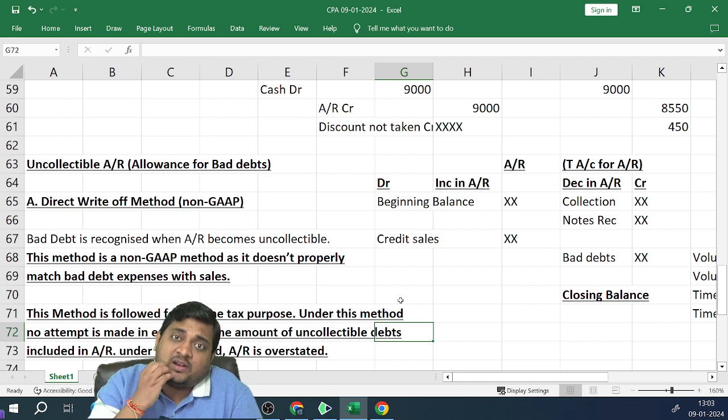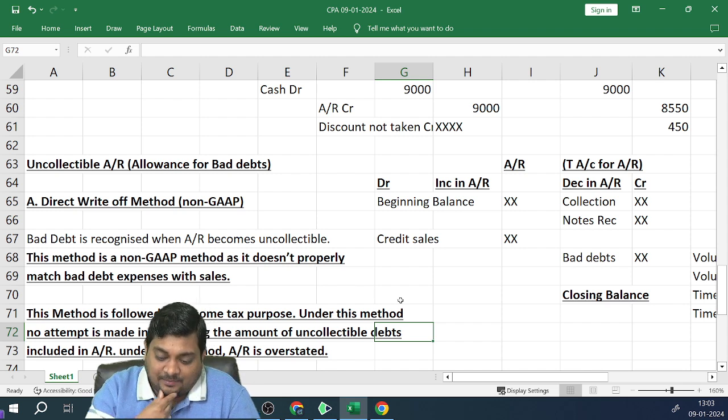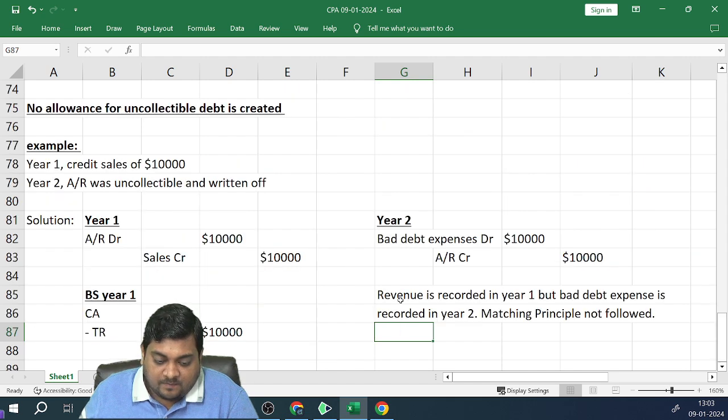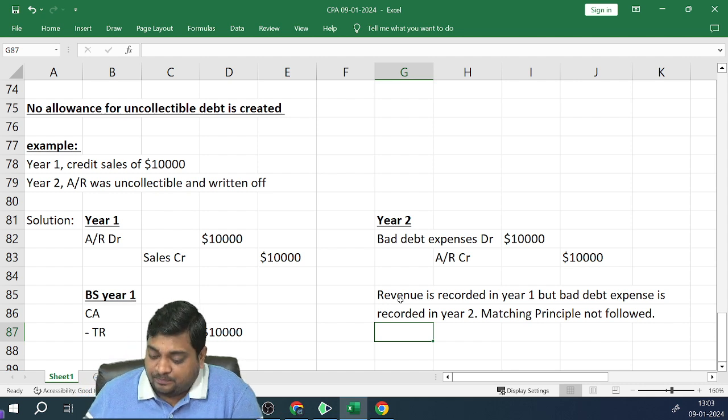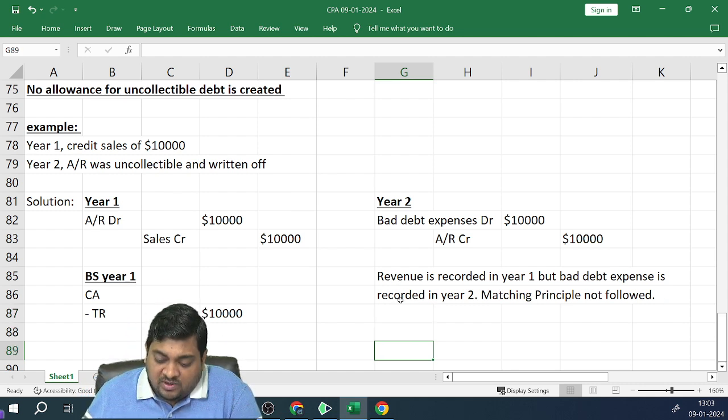It is followed for income tax purpose, right? But we cannot do this type of treatment because we need to draft accounts as per US GAAP. So what treatment can we do? We have to go for allowance method.